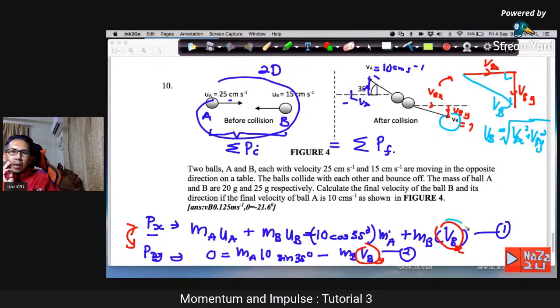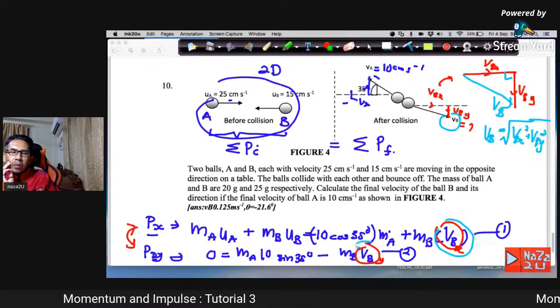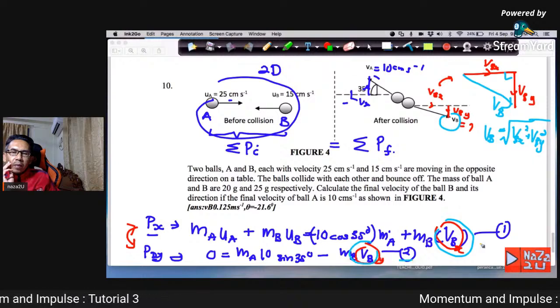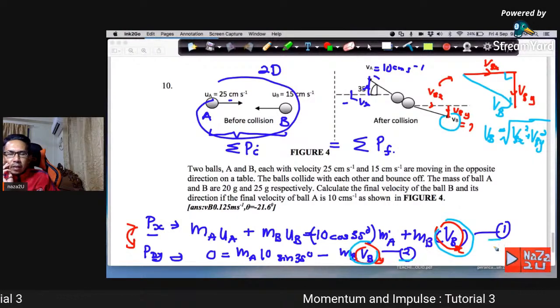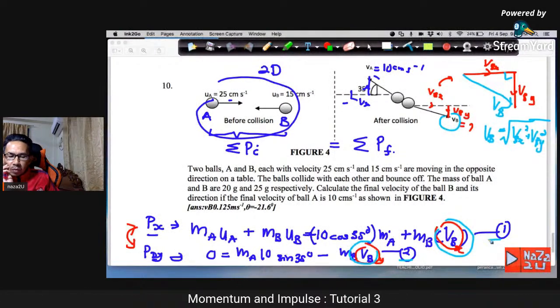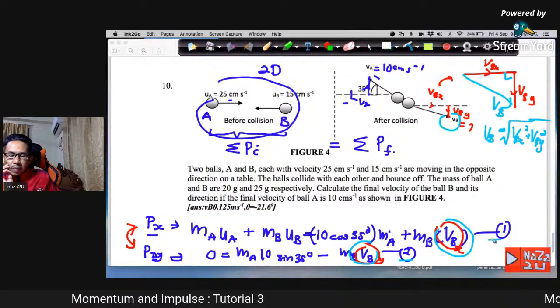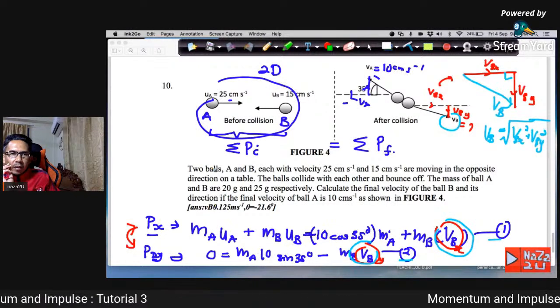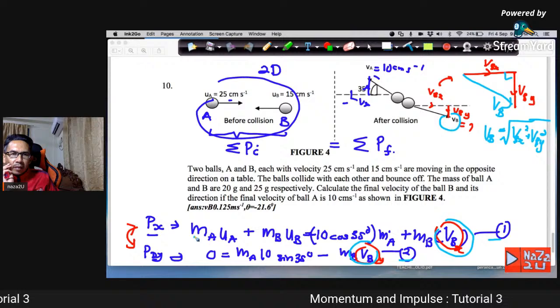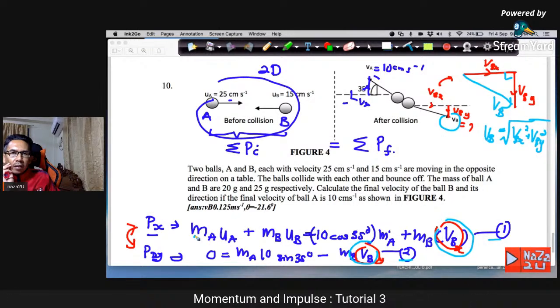Untuk mencari VBX, untuk mencari VBY, kita dah ada dua persamaan. Kita boleh gunakan keadaan gantian ataupun bergantunglah kepada kamu. Boleh ganti nilai. Mass A dia bagi sini berapa? Moving dia bagi mass tak? Okay.